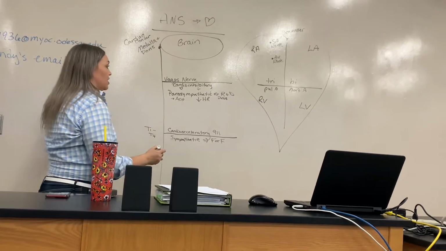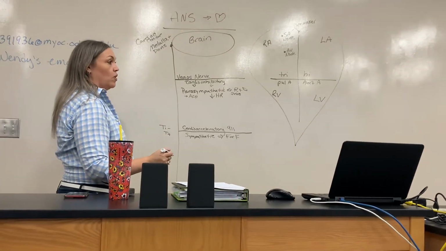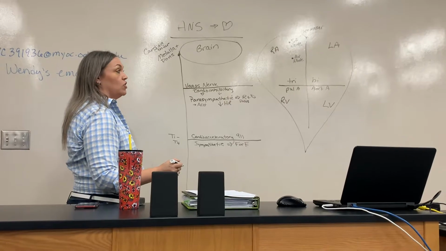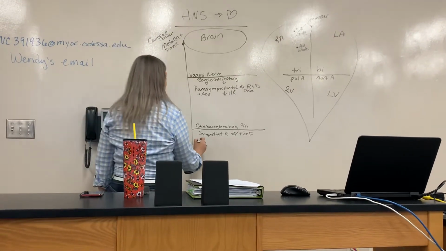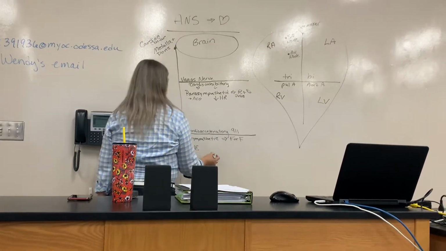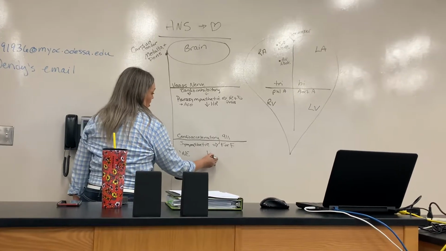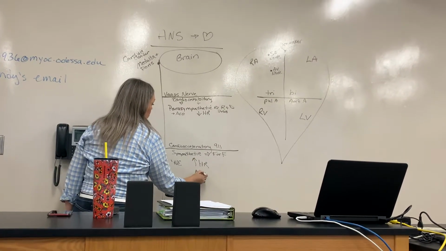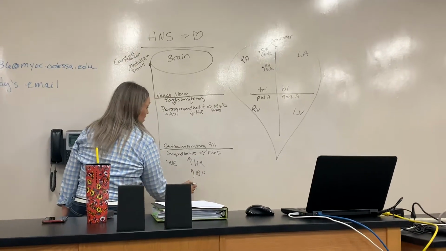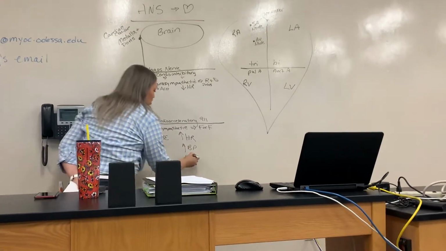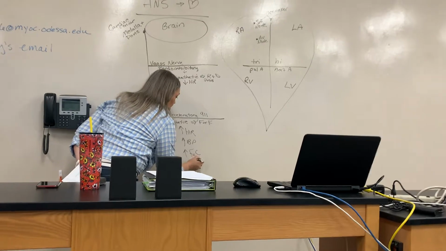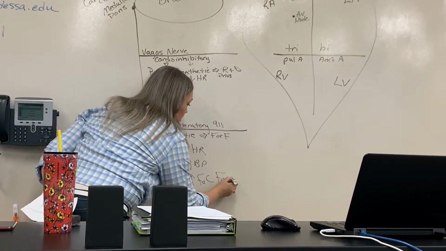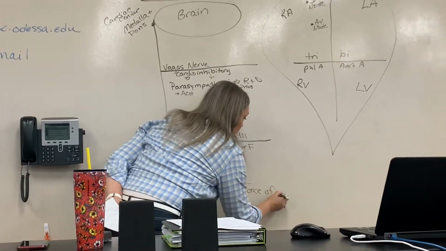What is our body releasing at this point, which chemical? It's a hormone and a neurotransmitter. Norepinephrine. What does this do to our heart rate and our blood pressure? It's going to raise it. And what else does it increase? Force of contraction, very good.